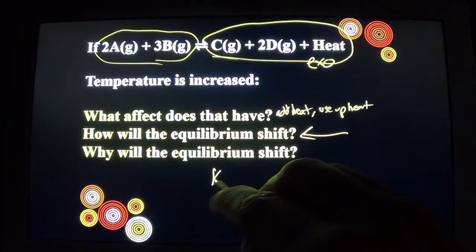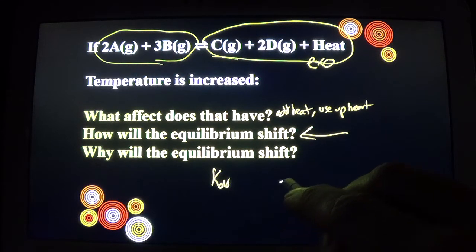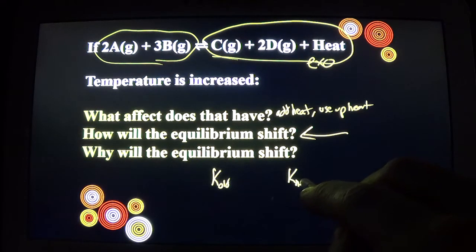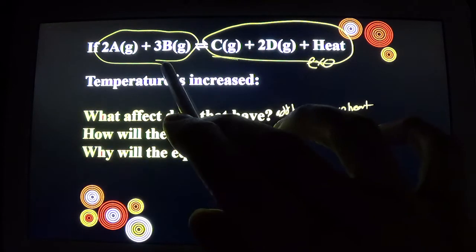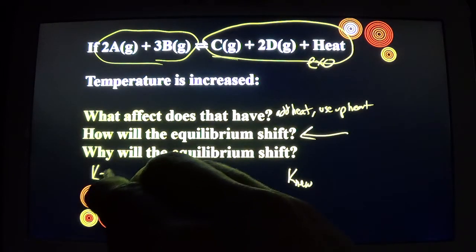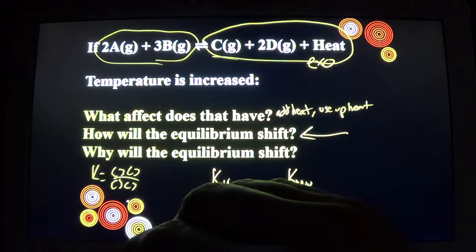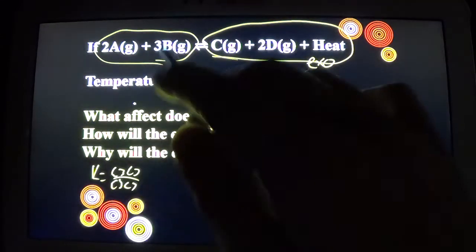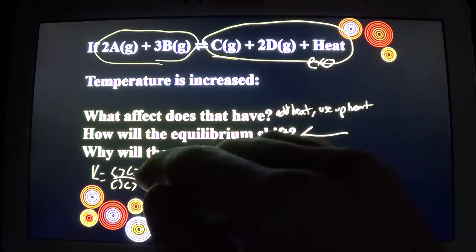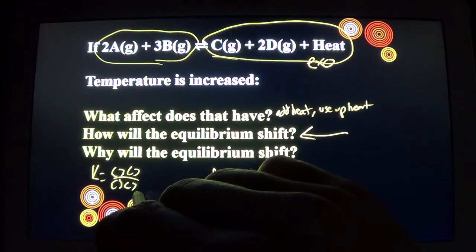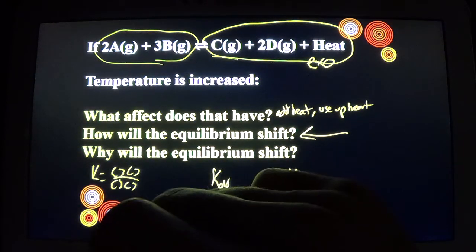Our K old, okay, and then we have our K new. All right. And let's bring in my doodle, concentrations. Yes, I know I don't have the exponents, but that's okay, it's just a doodle.